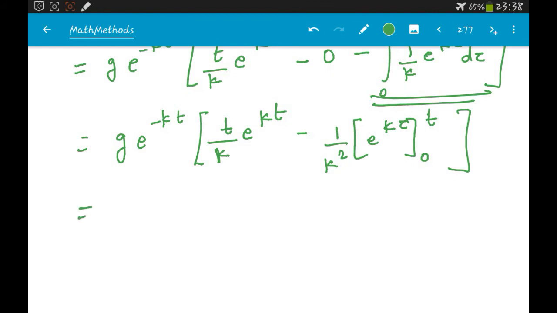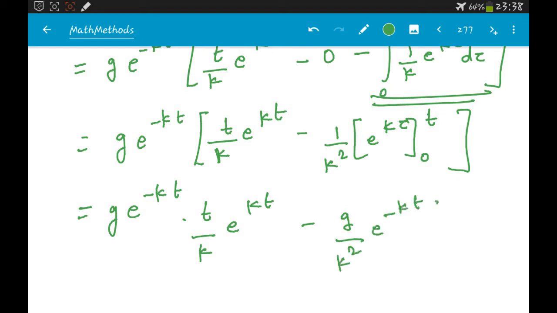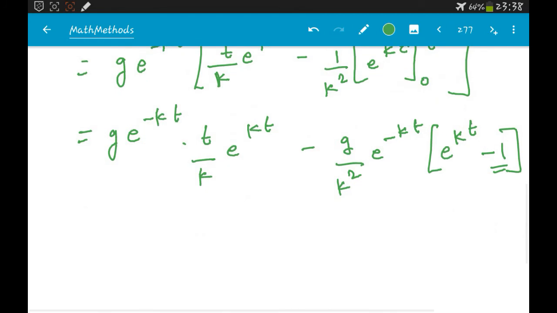Okay, so this will be g e power minus kt into t by k e power kt, right, minus g by k square e power minus kt will give e power kt minus 1. So e power 0 will be 1. Okay, that's how you get your 1 here.